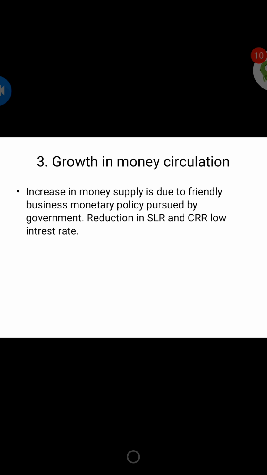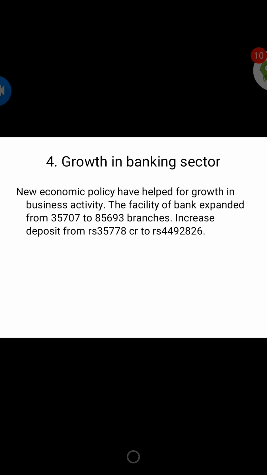The next is growth in the banking sector. Normally banks and financial institutions play a very important role in the development of business activity. Why? They provide loans, right? When the loan is provided, the business can get a source of money.